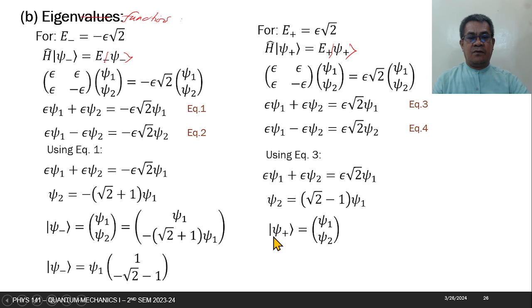In other words, our wave function in the positive, we have this psi 1 and psi 2, but this psi 1, psi 2 should be based on the positive energy. So this is our psi 2. So we'll replace this with this result, and we have this one.